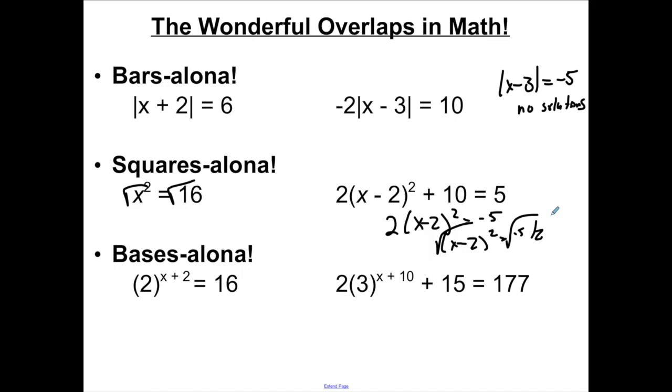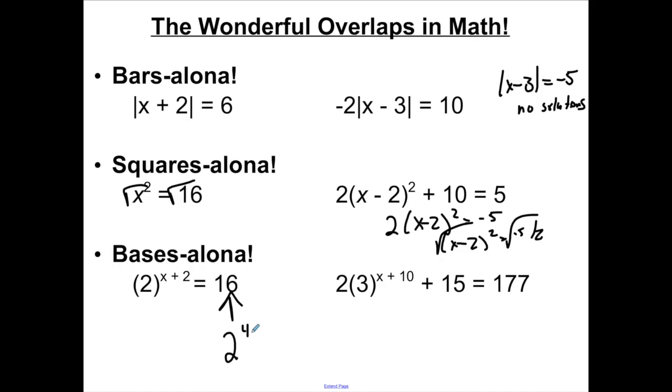Now we're in what I call bases alone. Essentially, we need to make sure that whatever base has the exponent in it, we get that alone. Then we have to turn the other side into an equivalent expression with the same base, and then use the 1-to-1 property to eliminate the bases and bring the exponents down.